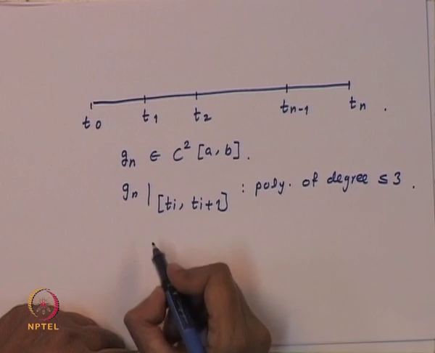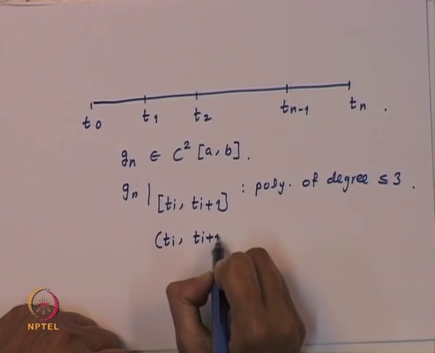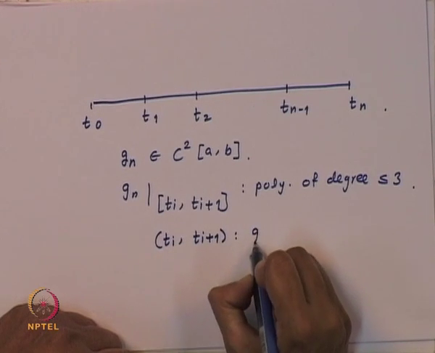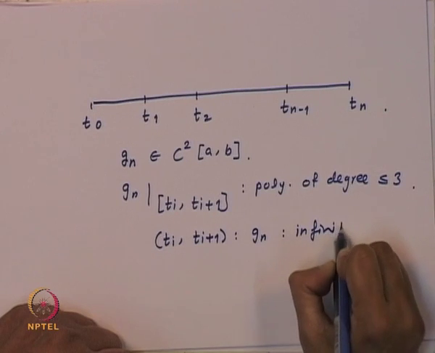So, on the open interval t_i to t_{i+1}, our g_n will be infinitely differentiable.